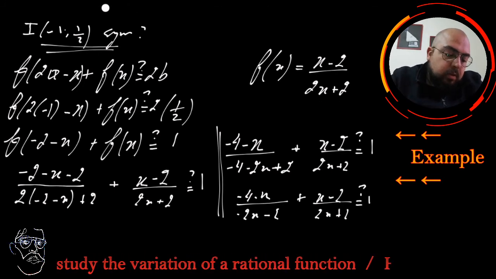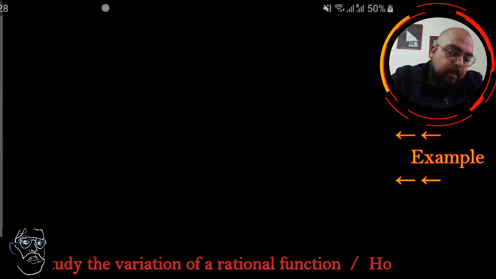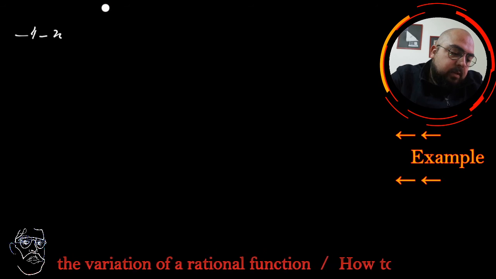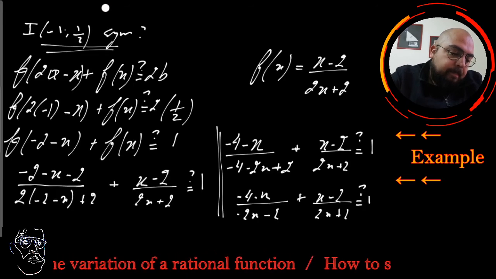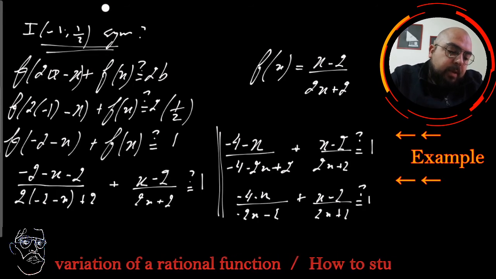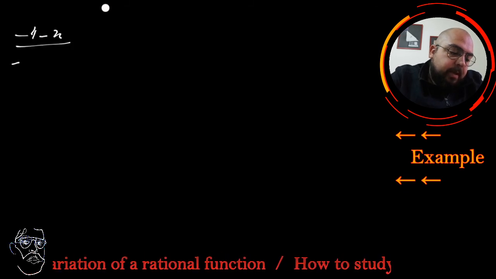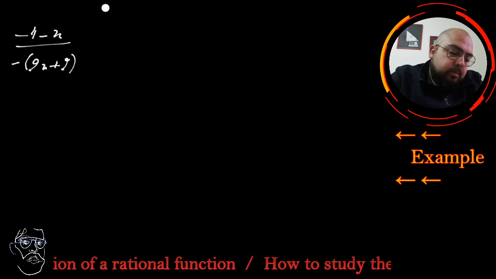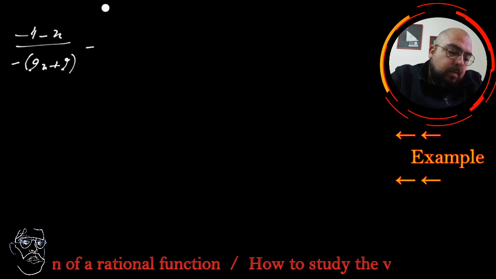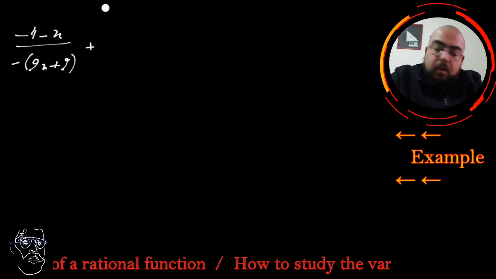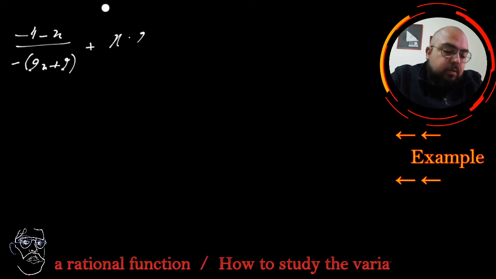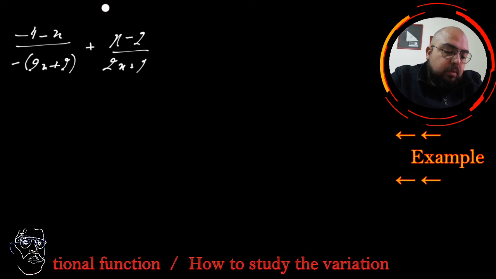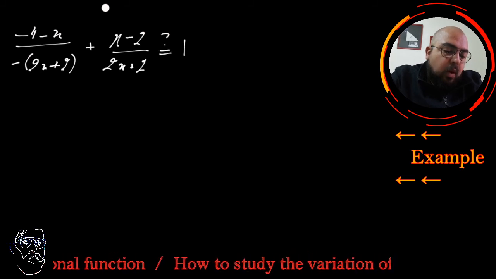So we're going to continue. It will be minus 4 minus x over minus 2x minus 2, I can write it as minus 2x plus 2, plus x minus 2 over 2x plus 2, is it equal to 1?